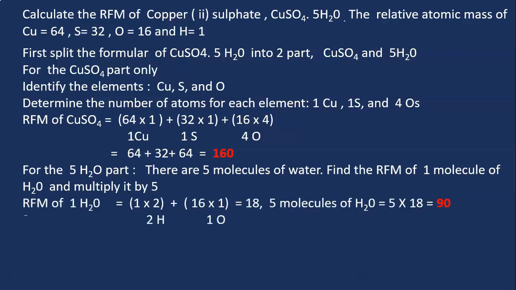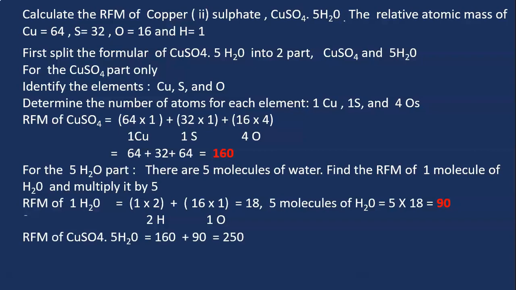The RFM of 1 molecule of water is equal to 1 times 2, because we have 2 atoms of hydrogen, plus 16 times 1, because we have 1 atom of oxygen, which gives us 18. To get the RFM of 5 molecules of water, multiply the RFM of 1 molecule of water by 5. This gives 90.